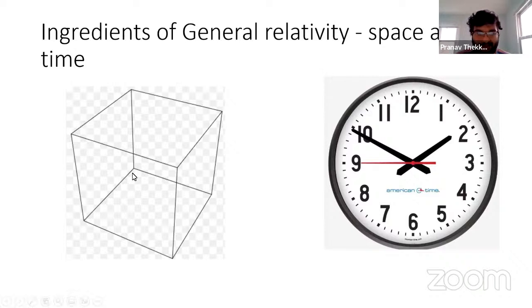If you look at general relativity, there are two ingredients, like I said before. One is space, the other is time. Now these are concepts that we are very familiar with. We know what space is. Everything that we see around our world occupies some space. So you say my height is 170 centimeters.